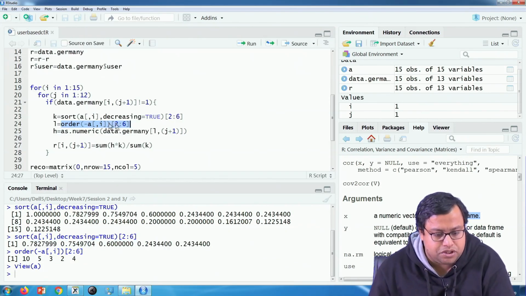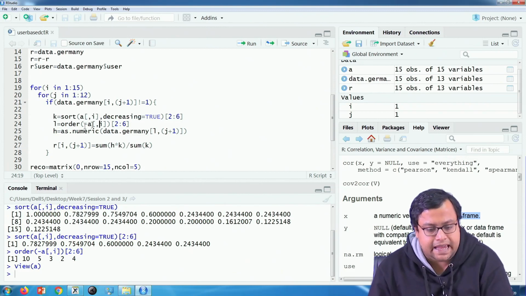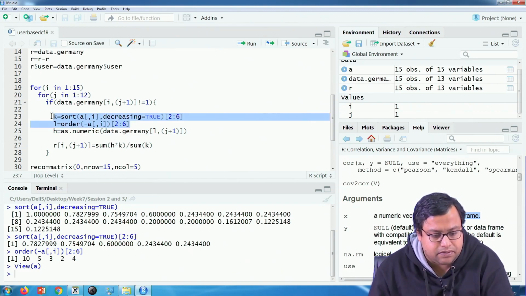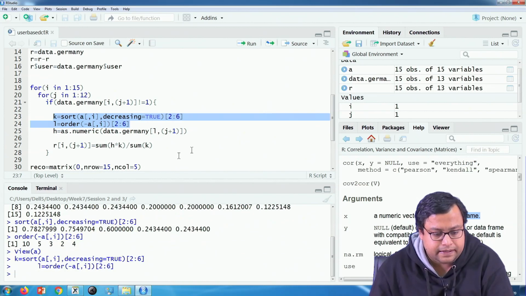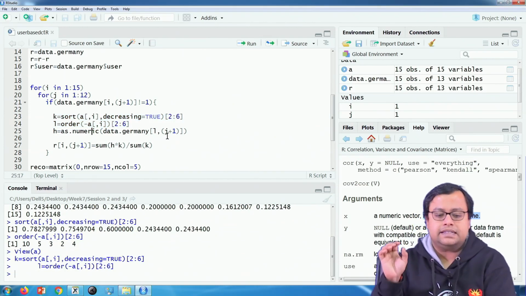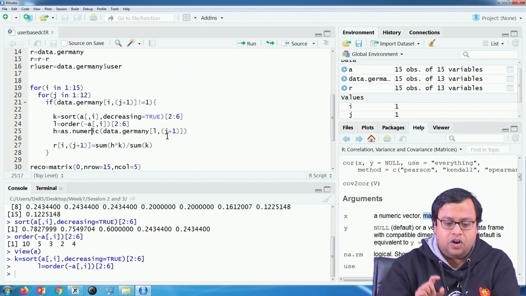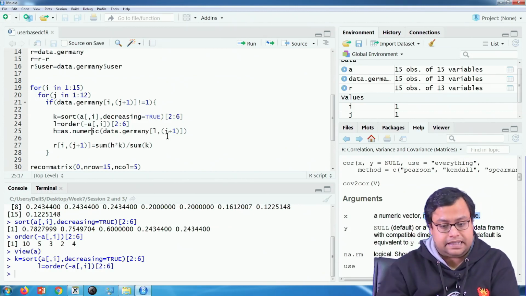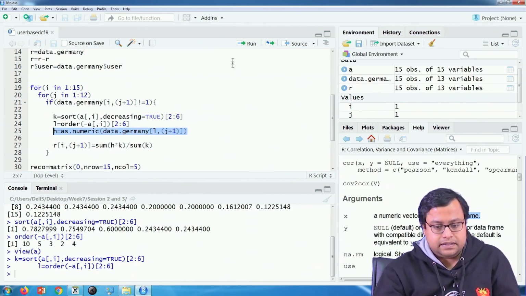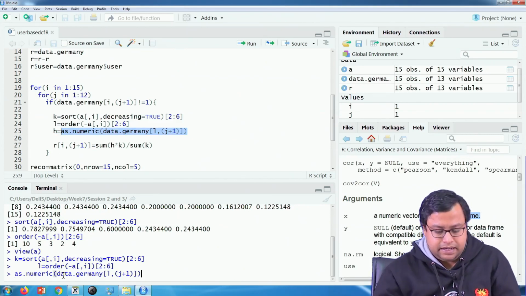So, L is the position, and then what is H? Now, this is something which you have to understand. What is H? H is the historical purchase data of the Lth persons. So I will say what is H, if I just copy this part and paste it here.